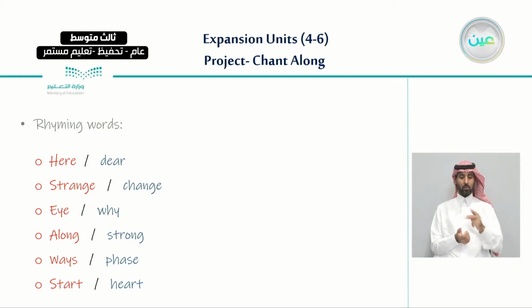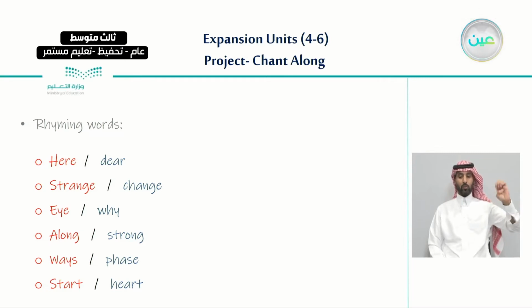The next one, we have I, which rhymes with Y. I, Y. The next one, we have along, which rhymes with strong. Along, strong. And next, we have ways, which rhymes with phase.